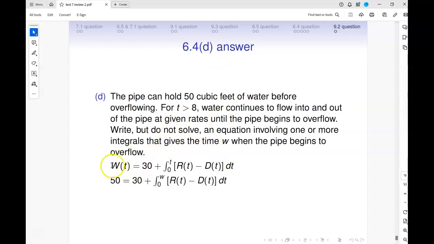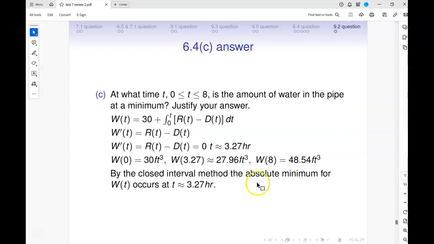So I said, okay, well, there's my water equation that I did before. So we're looking to get W of t to 50. And I think from the previous one, I don't think I'm going to get over 50 before 8. So I think I'm in the clear there.